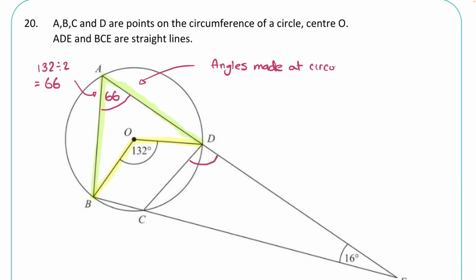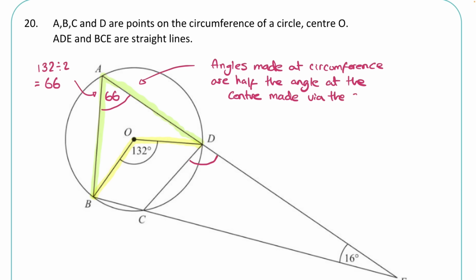You don't have to write it down in the exact way that I am. But angles made at the circumference are half the angle made at the centre, made via the same 2 points, the same 2 points on the circumference.